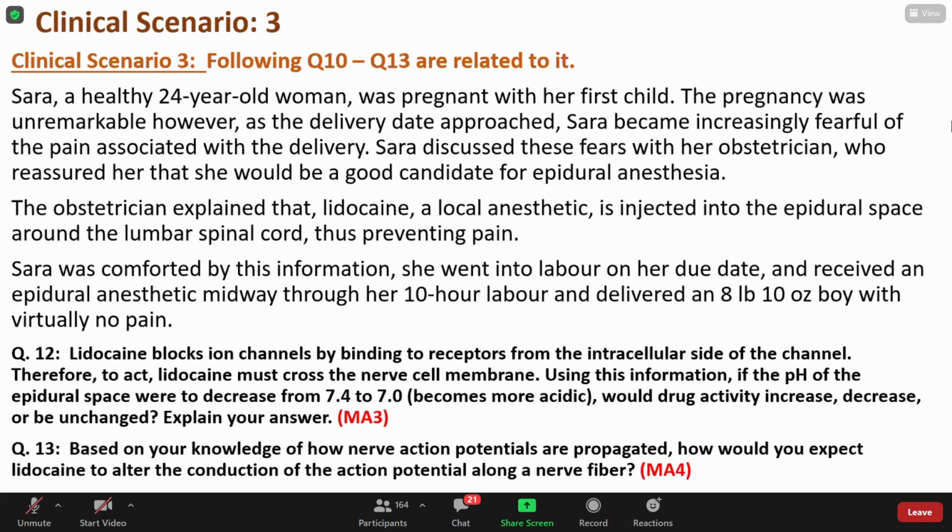So we will have increase or decrease? In the low pH, you would have a decreased amount of lidocaine because the proportion of non-ionized form which can penetrate the cell would be lower.